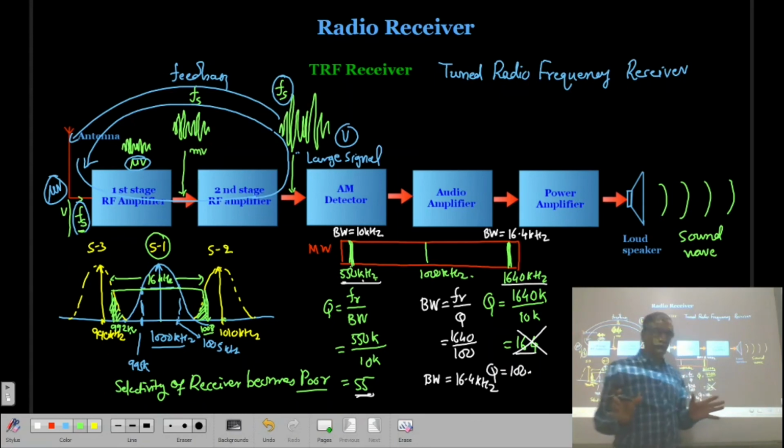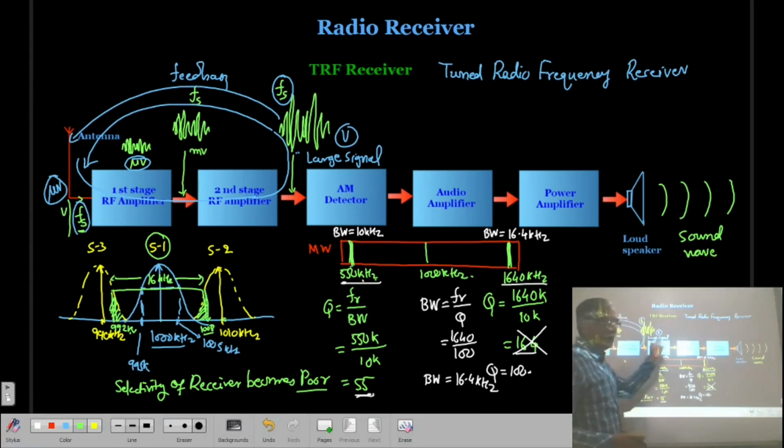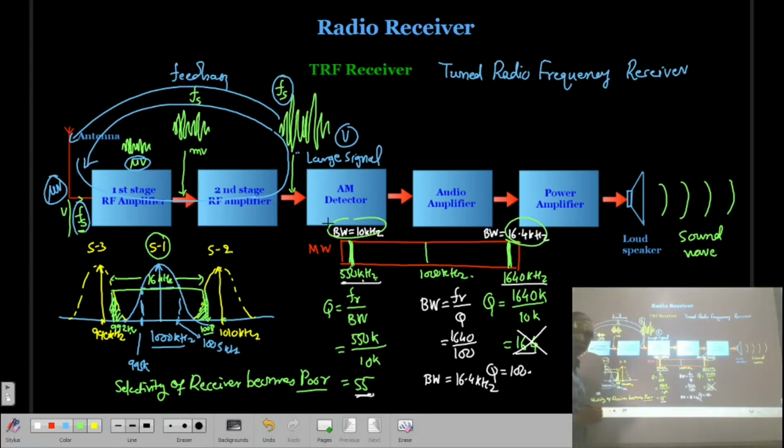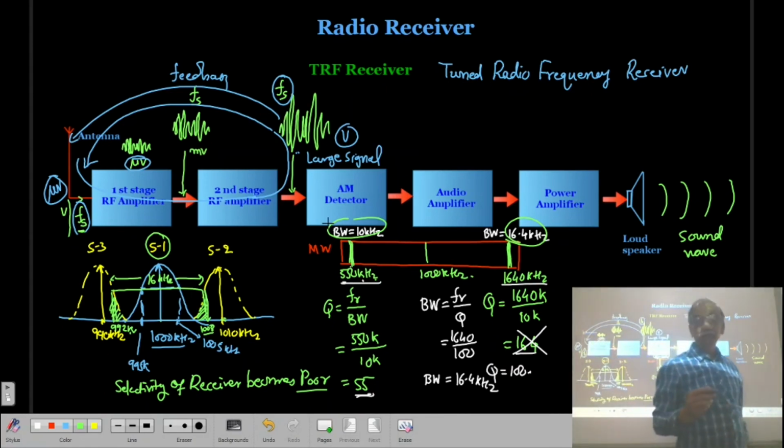So why is this happening? Because the radio receiver is going to amplify only a single frequency, and due to that the bandwidth is going to be increased. So bandwidth at a lower range is 10 kilohertz, at a higher range it is 16.4 kilohertz. And when you go to the short wave band, the frequency is very high.